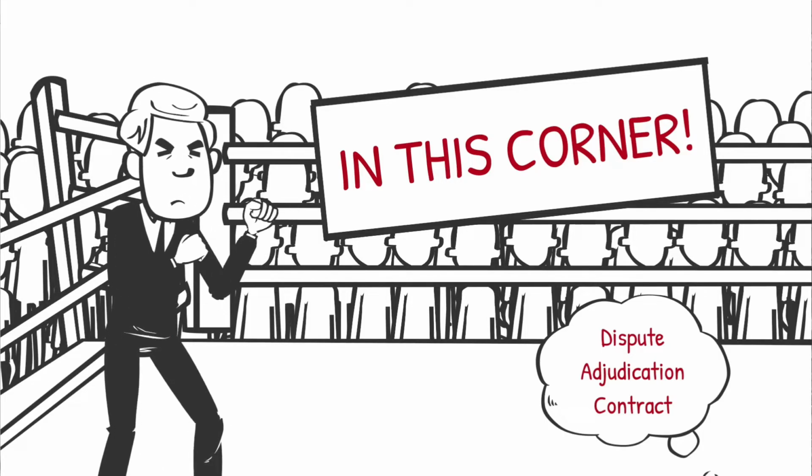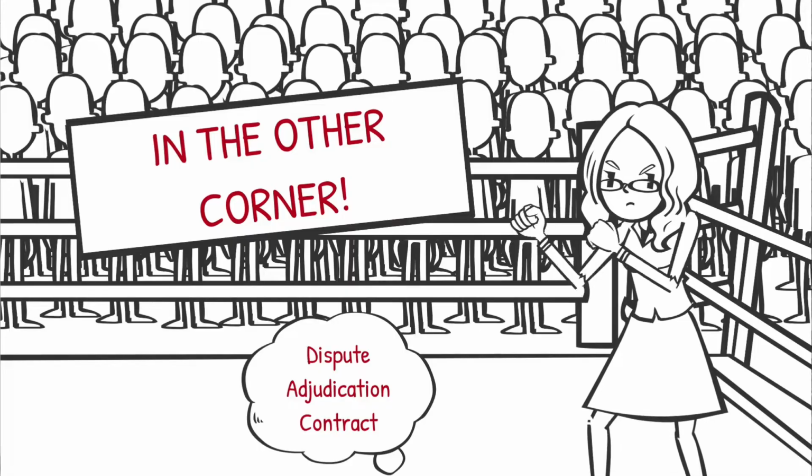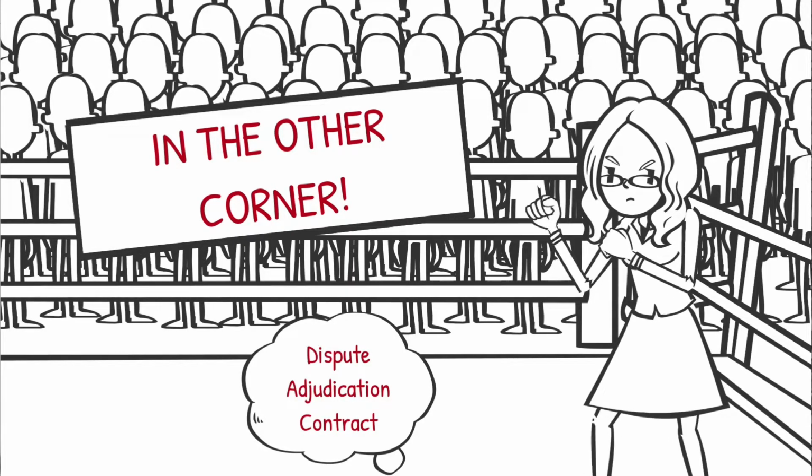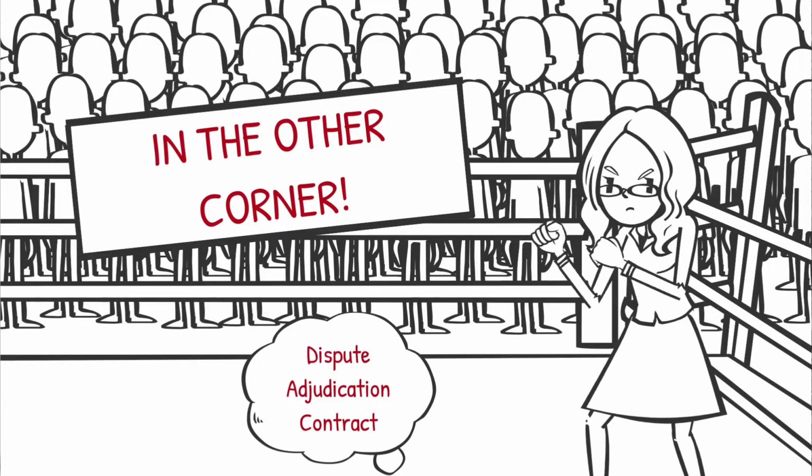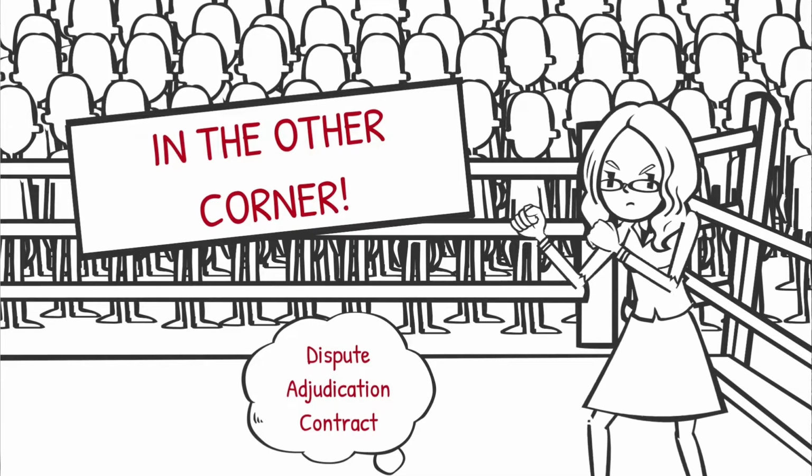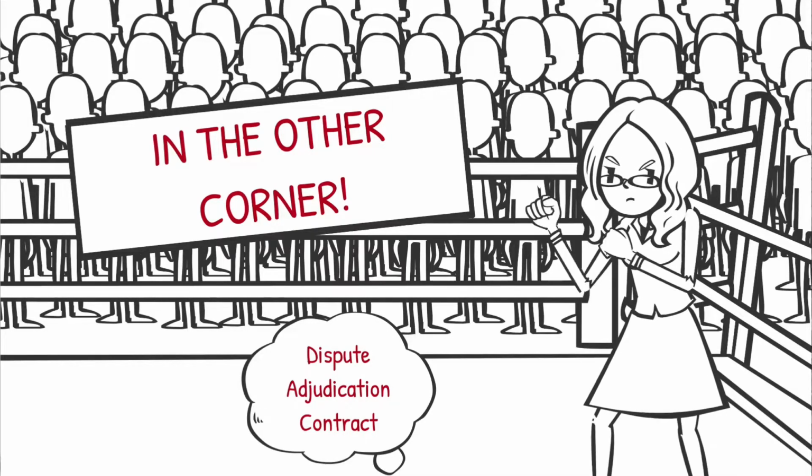Normally when you enter into a contract, it will tell you whether there's already a list of adjudicators that have been pre-approved, from which we choose should there be a dispute, or the adjudicator will be appointed as and when there's a dispute, depending on the merits of the dispute and the experience of the adjudicator, right?